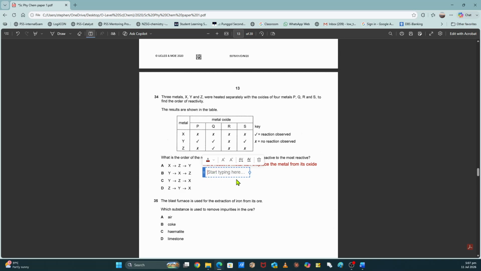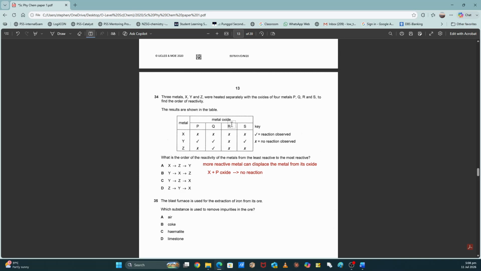In case you don't understand the table, it means that when X reacted with P oxide, there is no reaction. The table means like that.